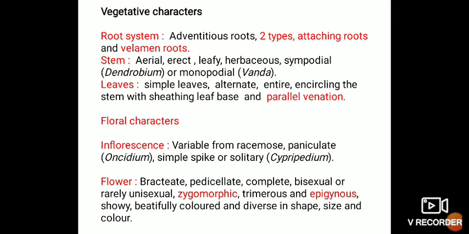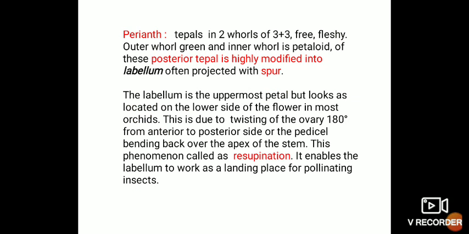They are showy, beautifully colored and diverse in shape, size and color. The calyx and corolla together are called the perianth and known as tepals, which are two whorls of 3 plus 3. They are free, fleshy. The outer whorl is green and the inner whorl is petaloid.